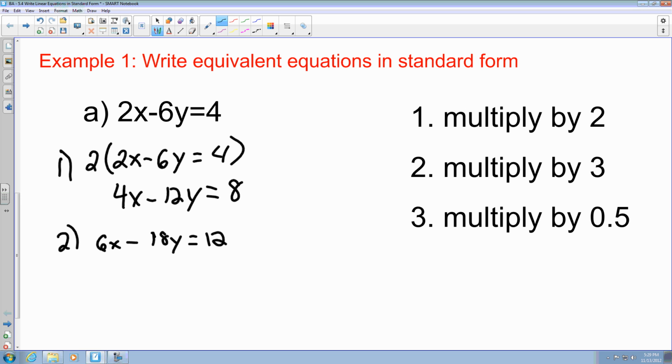And for the third one, I want to multiply by 0.5, or 1/2. So for our example, we would come up with x minus 3y equals 2. So that's how you write equivalent equations in standard form.